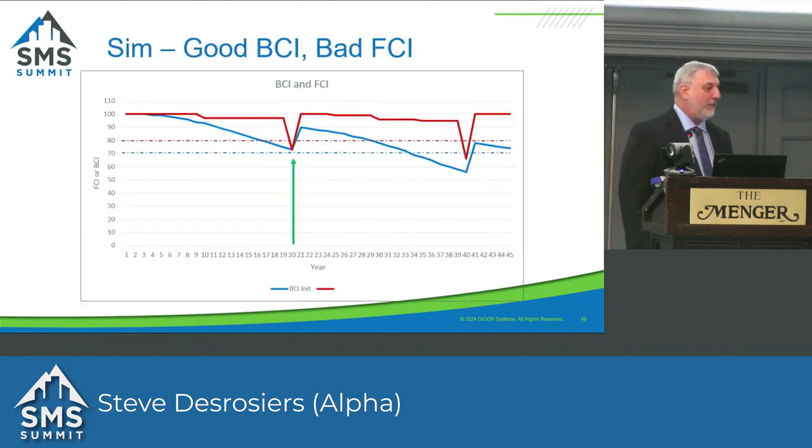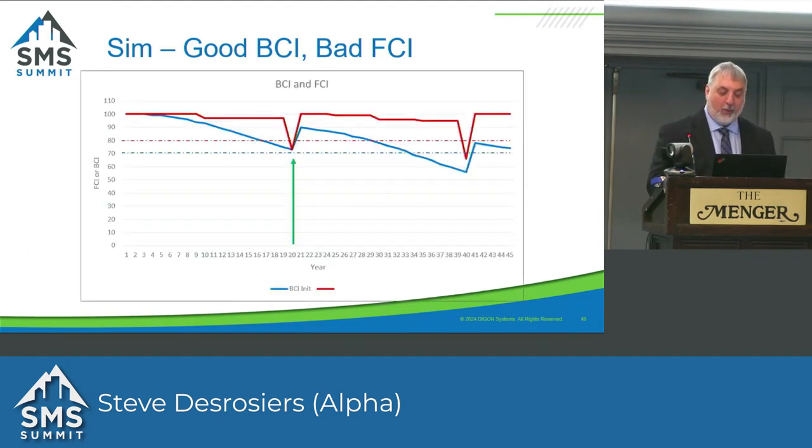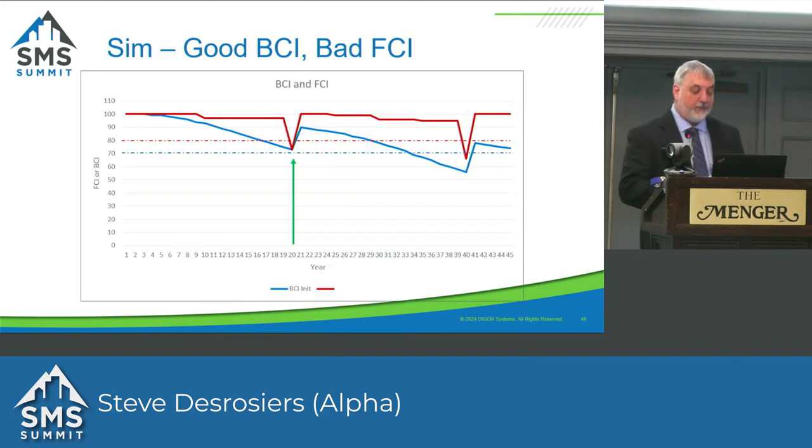So now, the last situation. Can I have a good BCI but a bad FCI? There was one point in the sim, I can't remember, it's year 20. At this point in the sim, the FCI has dropped below the threshold, but the blue line hasn't got quite to its threshold.